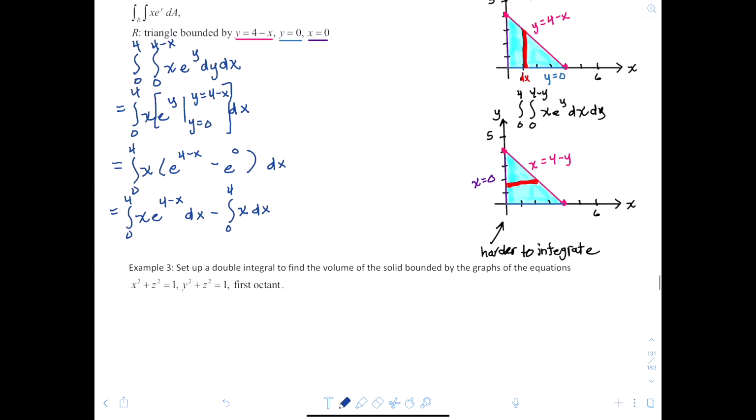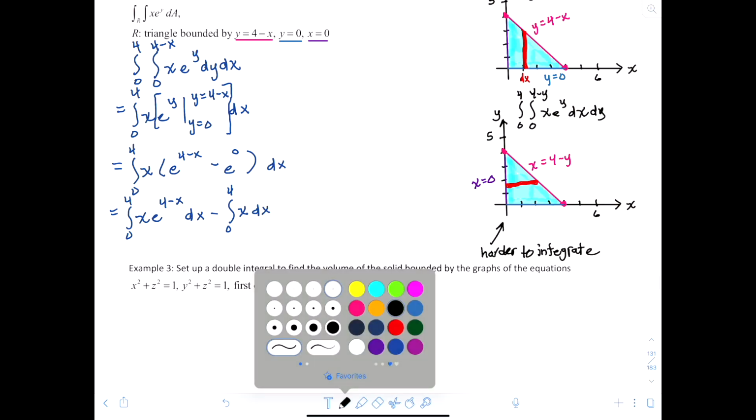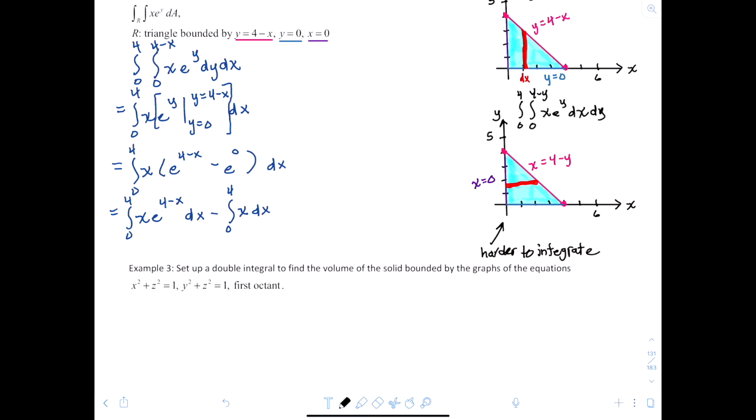For our integration by parts setup, we would have u equal to x, and so du is equal to dx. dv would equal e to the 4 minus x, and so then v would be negative e to the 4 minus x. Cool?